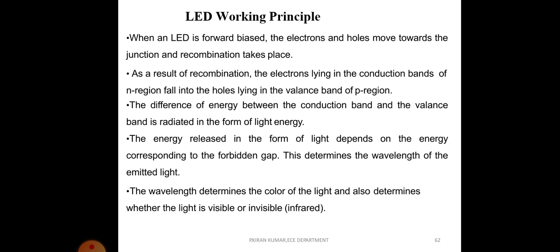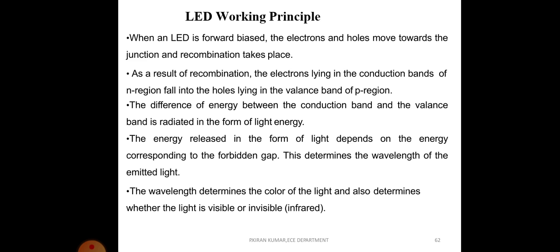When the electrons jump from the conduction band to the valence band, the recombination takes place in the form of photons, that means in the form of light energy. We know the energy is equal to Planck constant times frequency, so frequency is equal to energy divided by Planck constant.